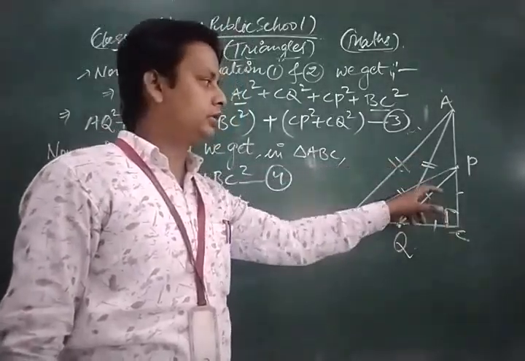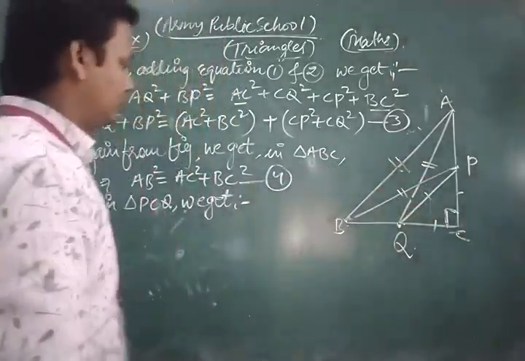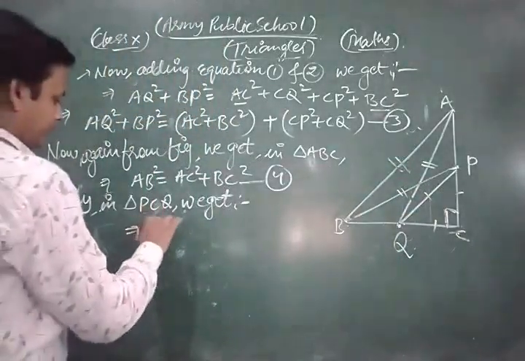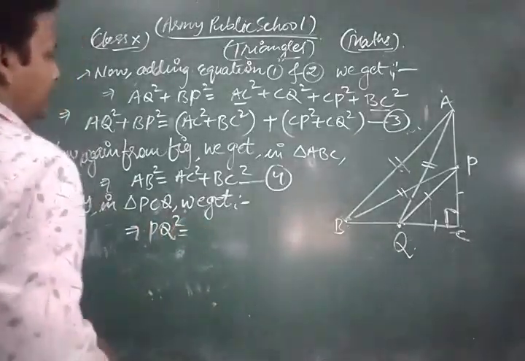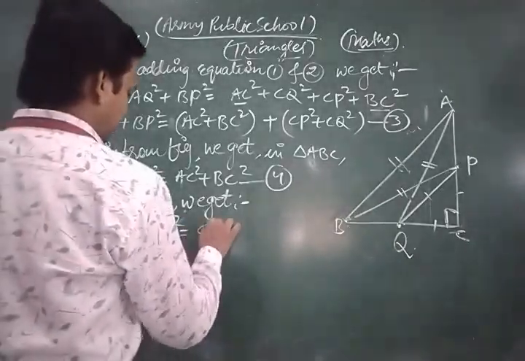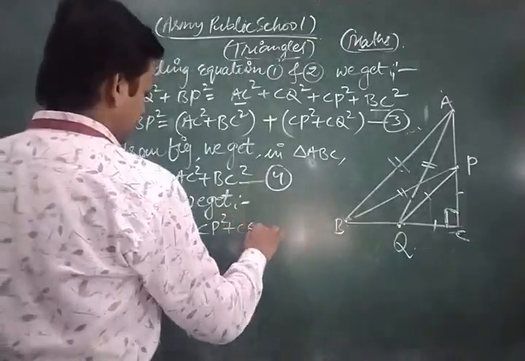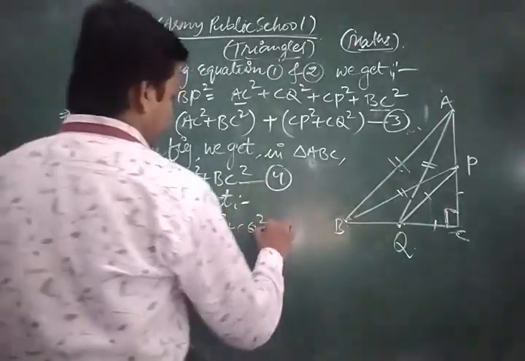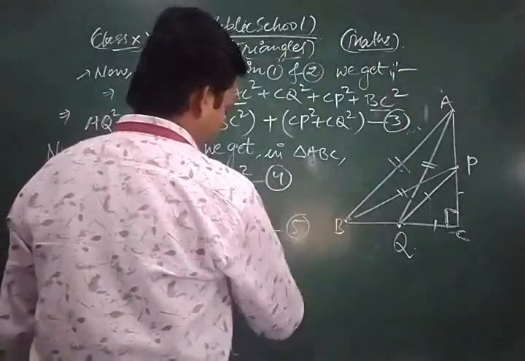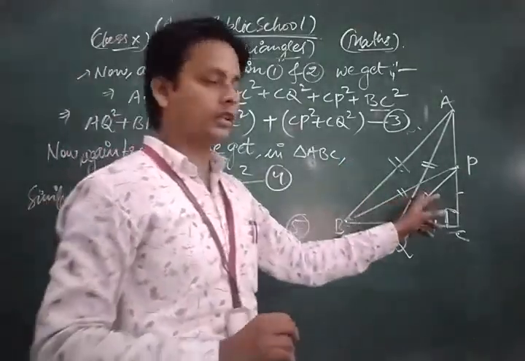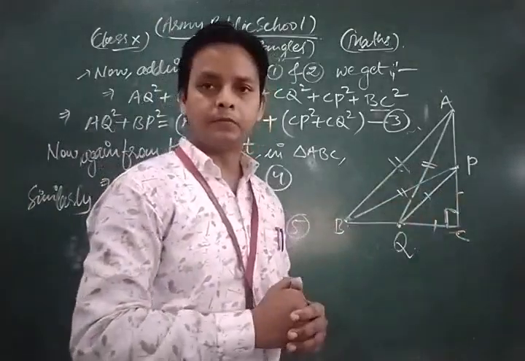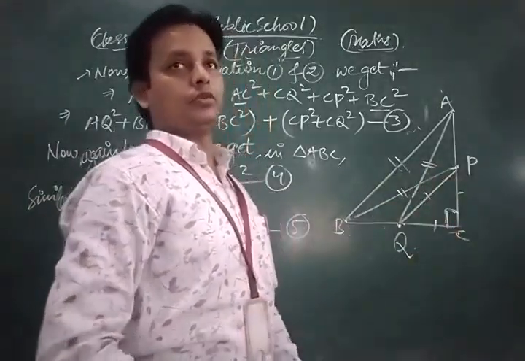So the side opposite to that is what? Your hypotenuse. So PQ square is equal to CP square plus CQ square. Take equation number 5. Because this is your hypotenuse, this is your base, this is your perpendicular, according to that we get that relation.